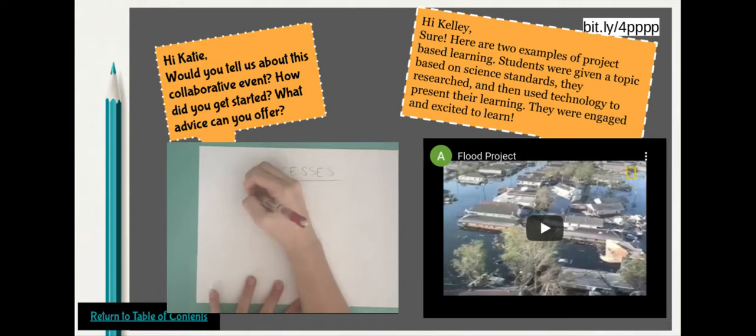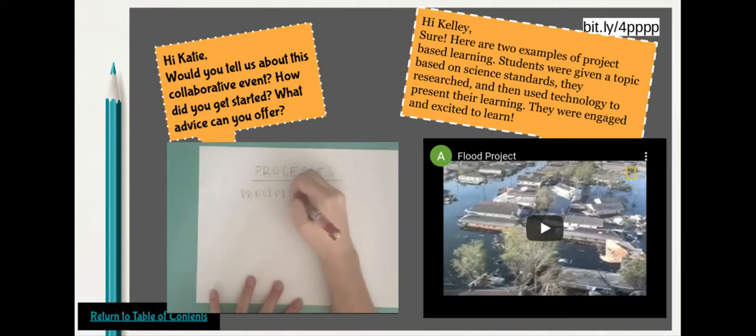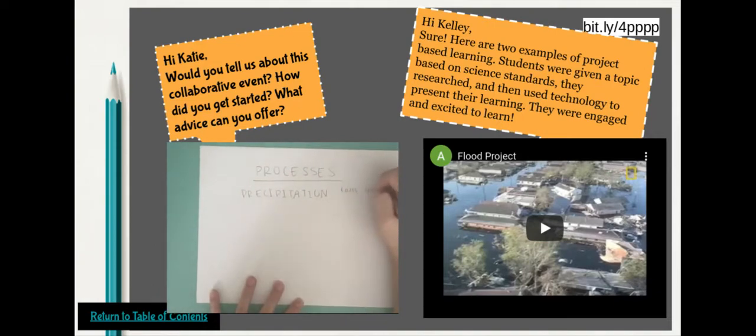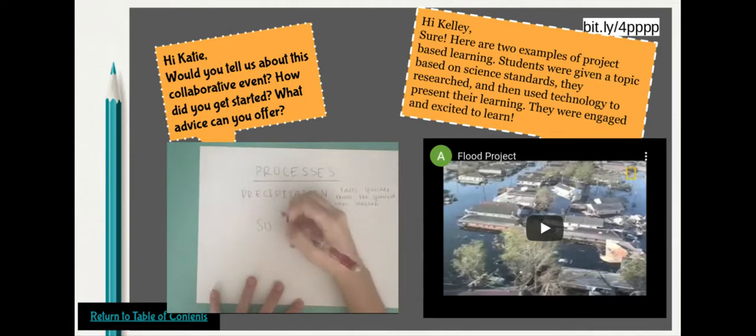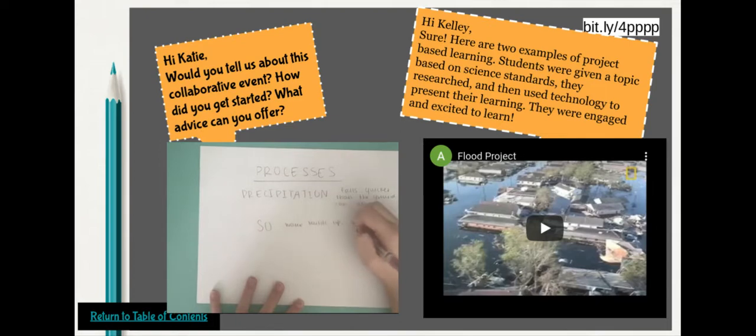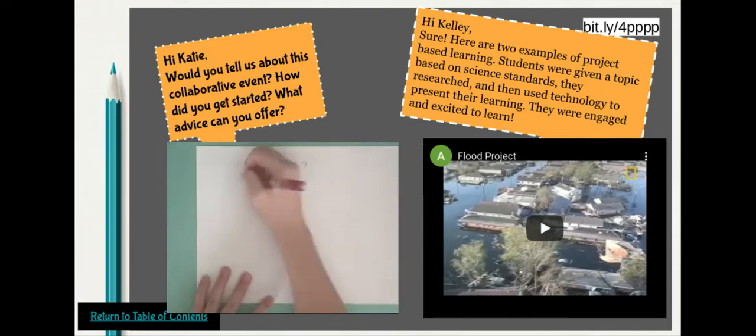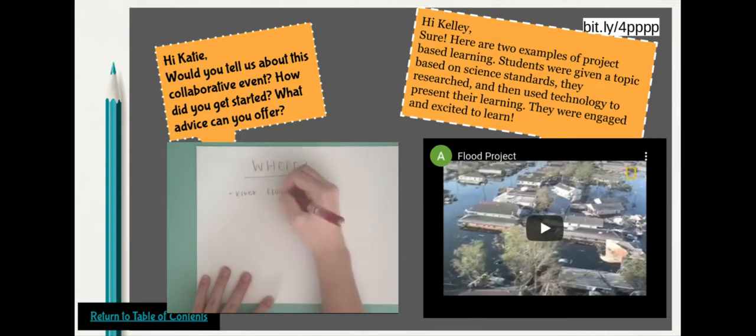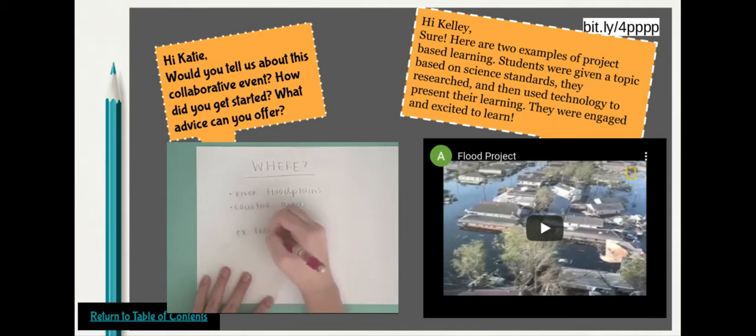Processes. Precipitation falls quicker than the ground can absorb. This leads to water buildup, creating pools of water. Where floods can occur at river floodplains and coastal areas. One example is the Ohio River.